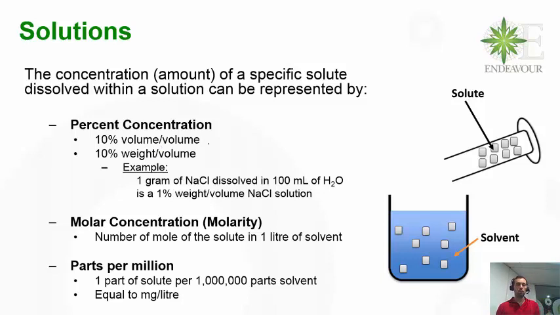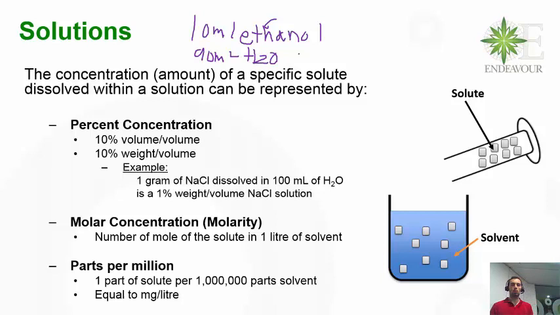So for example, if you put 10 mils of ethanol, which remember is the component present in alcohol, into a beaker and put 90 mils of H2O, which would be the solvent and which would be the solute?